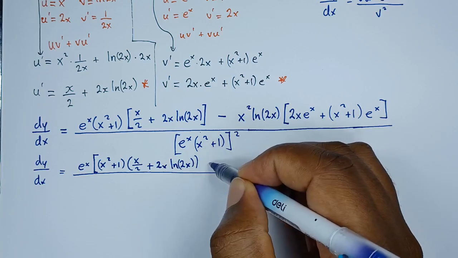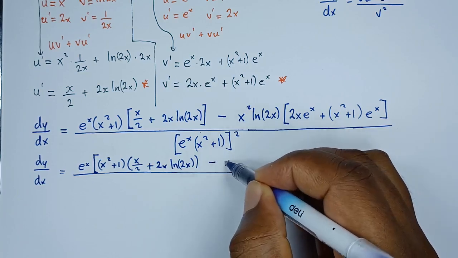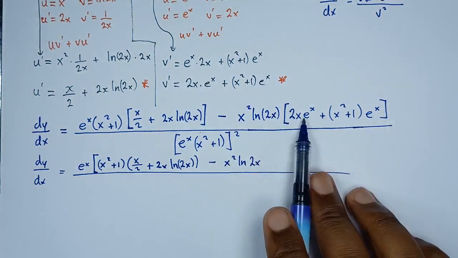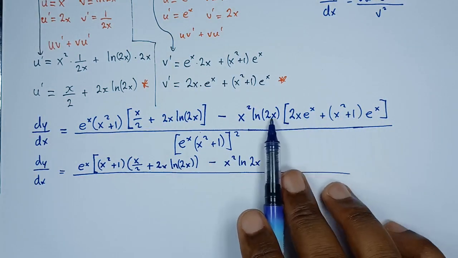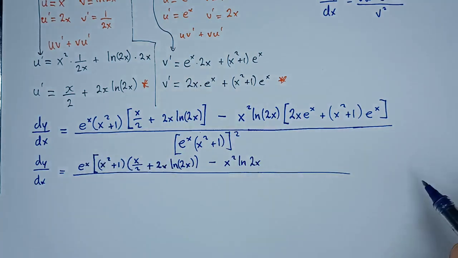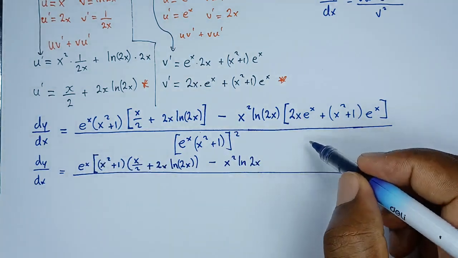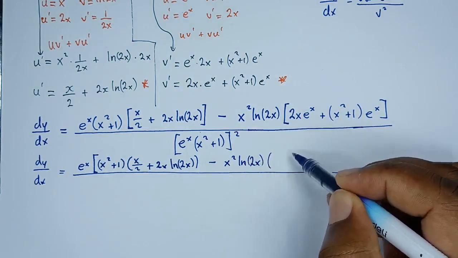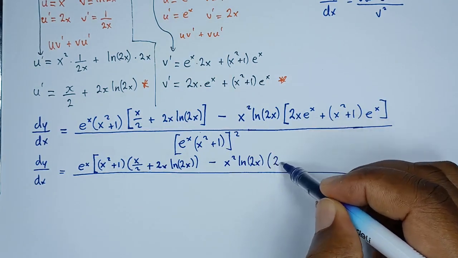So minus x squared ln 2x. Remember, we have e to the x here, e to the x here, so we can factor out, we can go that side. So what will remain with will be, put these in brackets, then open another bracket for this part here, which is 2x.